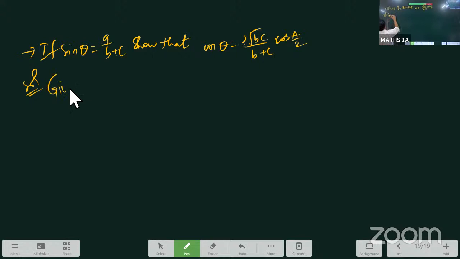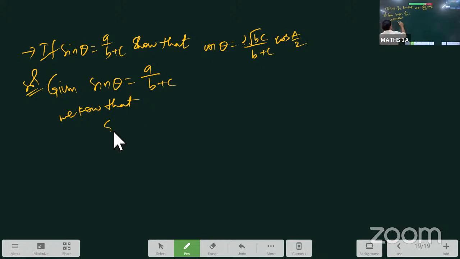Now what is given? Sin theta is equal to a by b plus c. Now what we know is sin square theta plus cos square theta is 1.